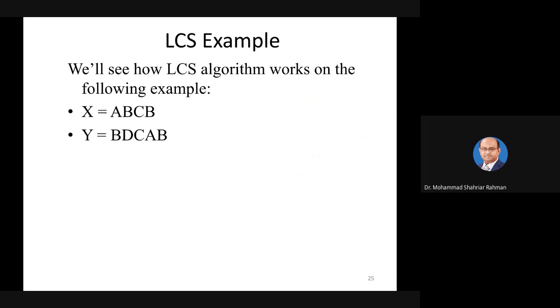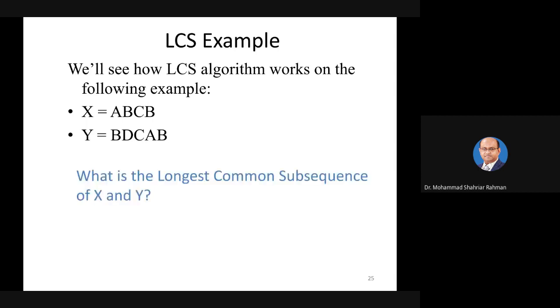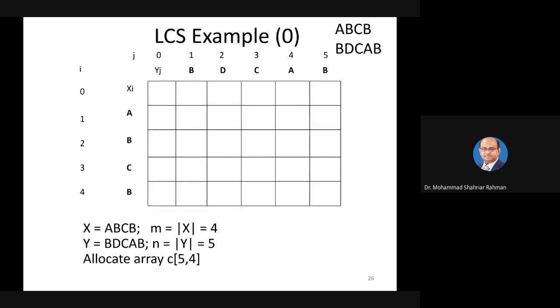So let's see how it works. ABCB and BDCAB. These are the two strings we are given, and we need to find the longest common subsequence. Okay. So here is the table. Size of X is 4, size of Y, N is 5. So we have this 5 by 4 table.